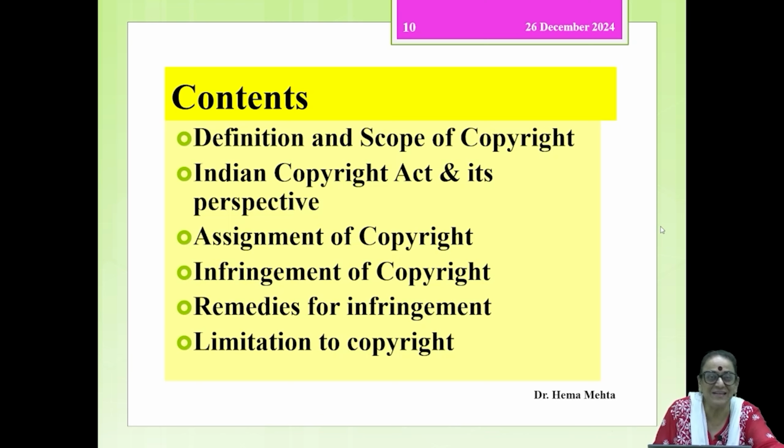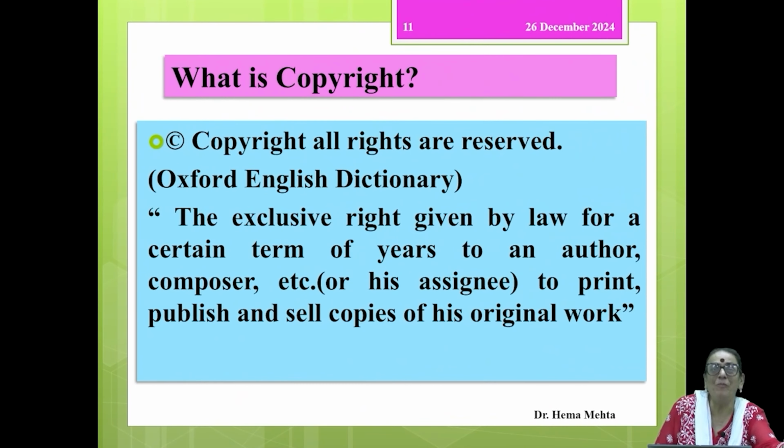So let's understand in depth what the Copyright Act is. When we are opening our textbooks or maybe the guides or the journals or the workbooks, on the second or third page we always come across a C encircled sign, which clearly says copyright, all rights are reserved. Let's understand what the Oxford Dictionary wants to say.